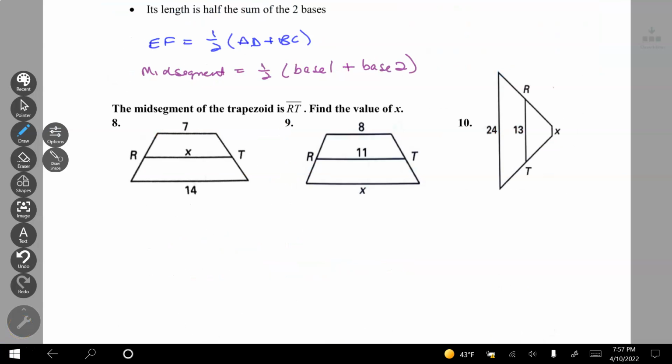So using that formula, x is going to equal half of 7 plus 14. That's 21. Half of 21 is 10.5.